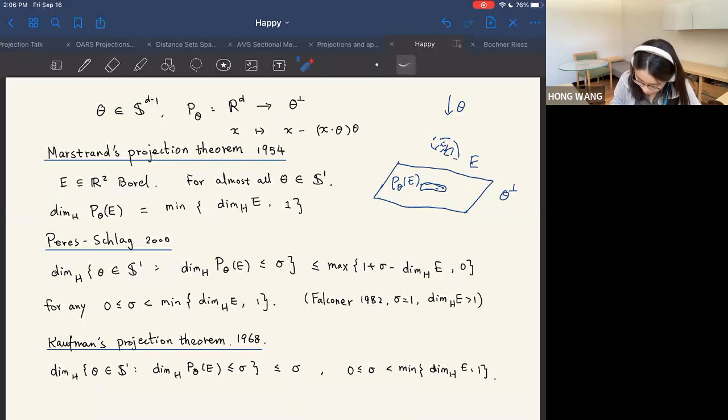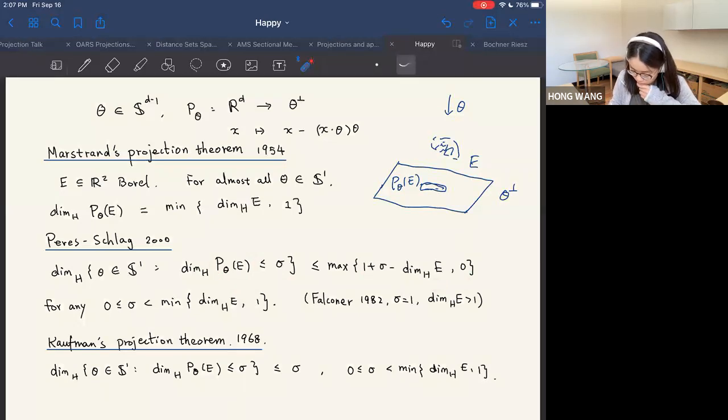Let sigma be any number between 0 and the minimum of the dimension of E and 1. Then the Hausdorff dimension of the set of directions such that the projection image has dimension less than sigma is bounded by the maximum of 1 plus sigma minus the Hausdorff dimension of E, and 0.